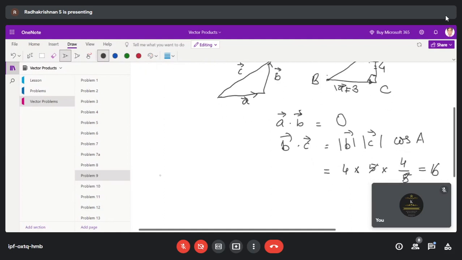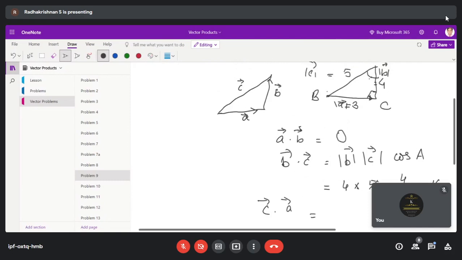Similarly, find out what C dot A is. Modulus of C, modulus of A, into cos B. So what is cos B? 3 by 5, sir. So 3 into 5 into 3 by 5 is 9.